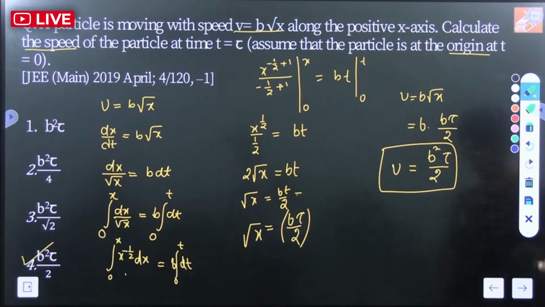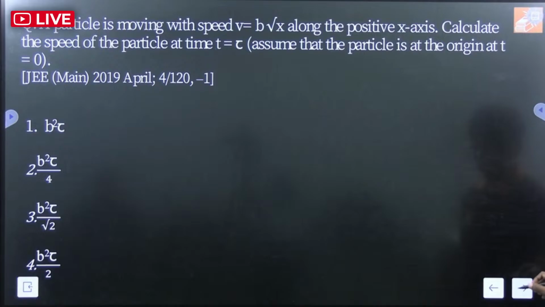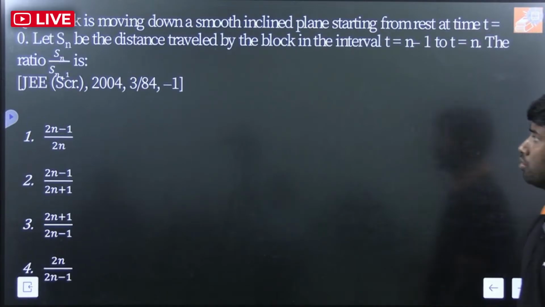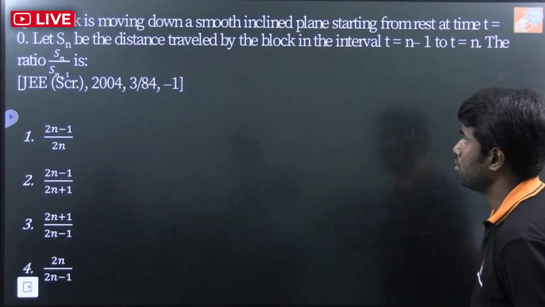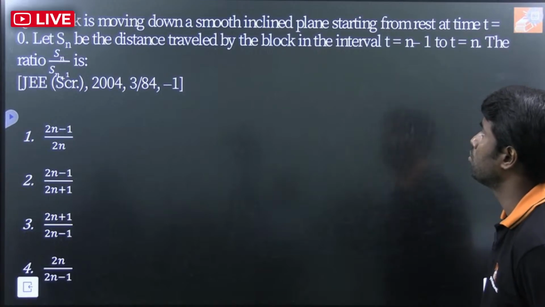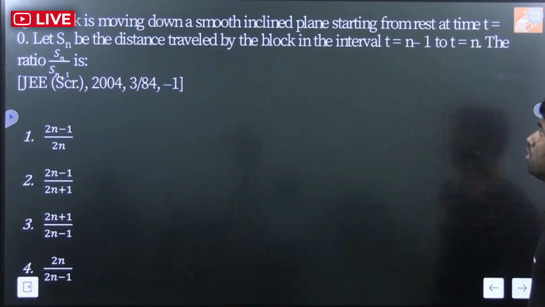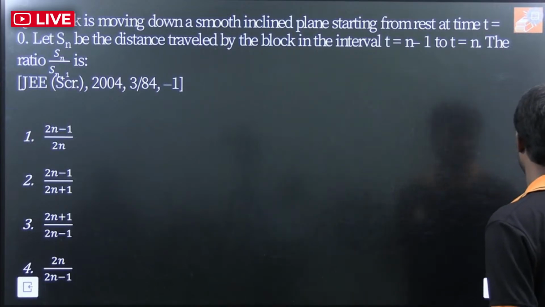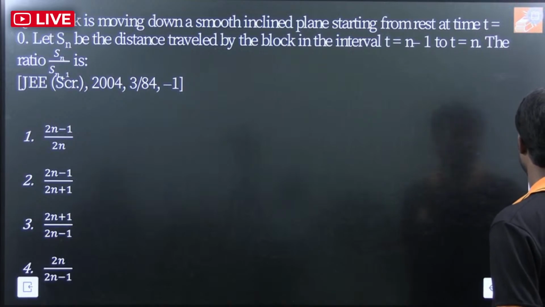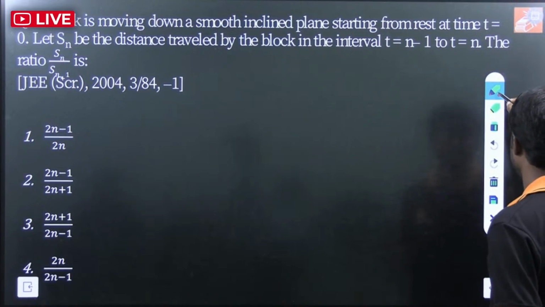So we'll go to the next question now. This is also a JEE question from 2004, and a block is moving downward on a smooth inclined plane. Let's draw the picture or diagram so that you can understand the question properly.